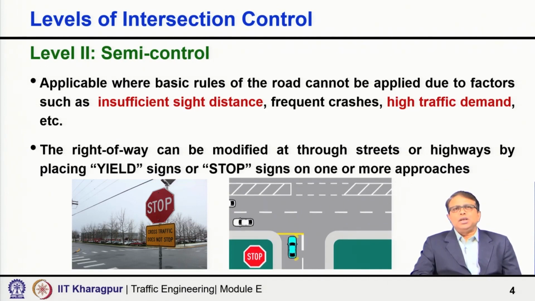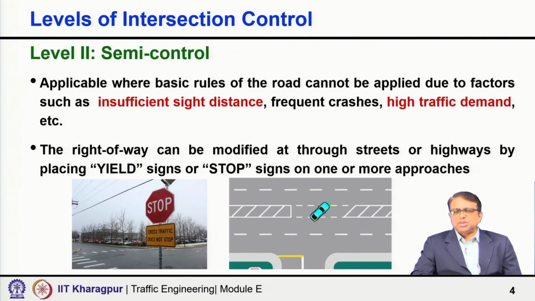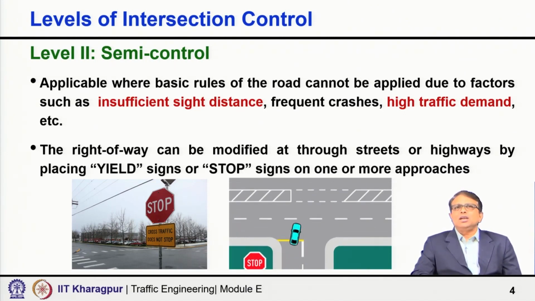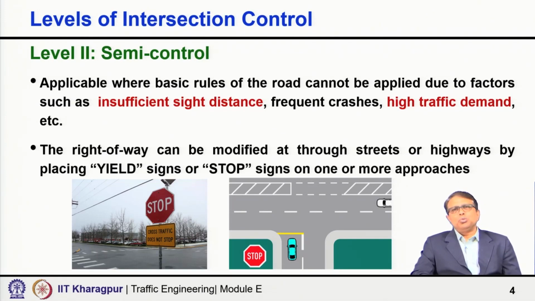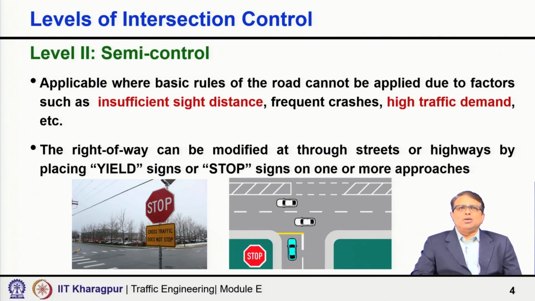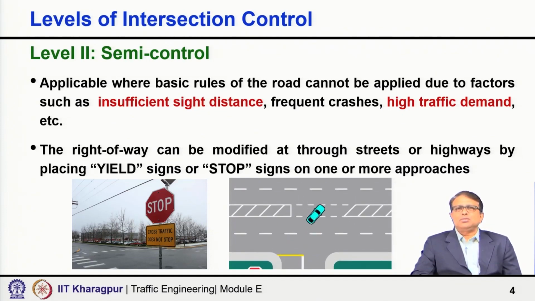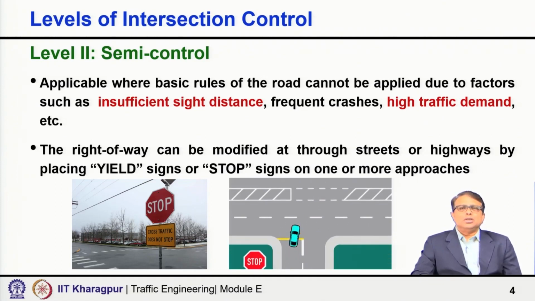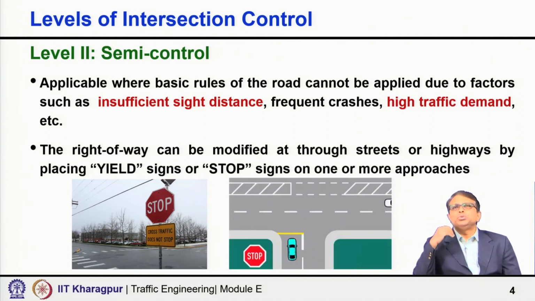So, the right of way in semi control operation can be modified at through streets or highways by providing either a yield sign or a stop sign on one or more of the approaches. I have shown here a stop sign placed on the minor road approach. That means the priority of these two roads is not the same.